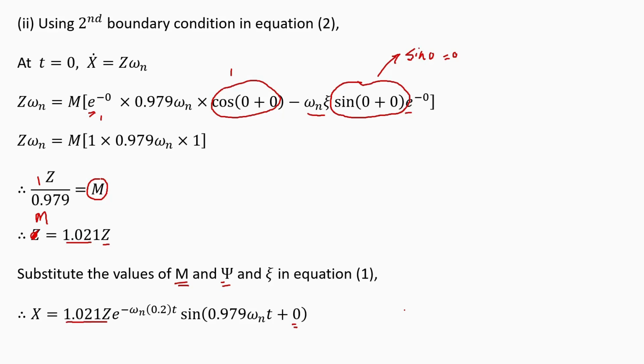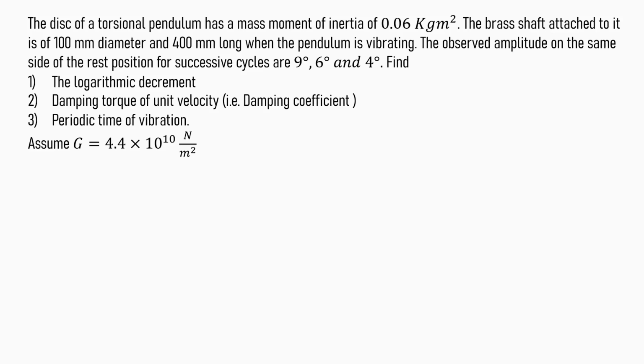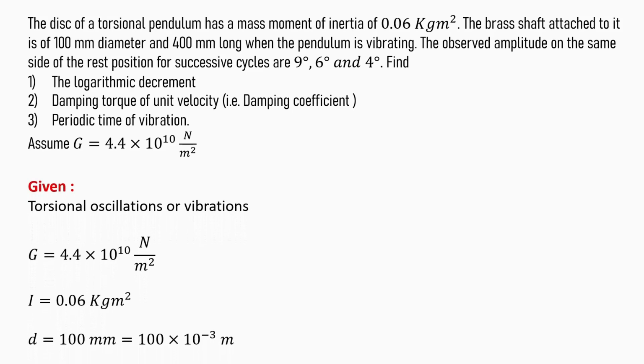Let us see another example on torsional vibration. Here we have a disk of a torsional pendulum which has a mass moment of inertia of 0.06 kg meter square. The brass shaft attached to it is of 100 mm diameter and 400 mm long.